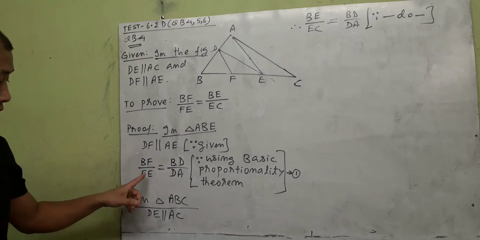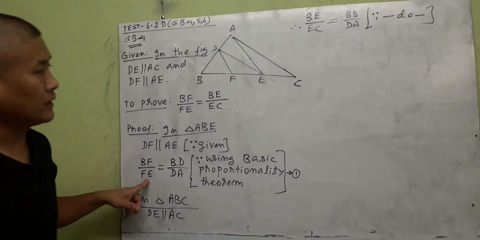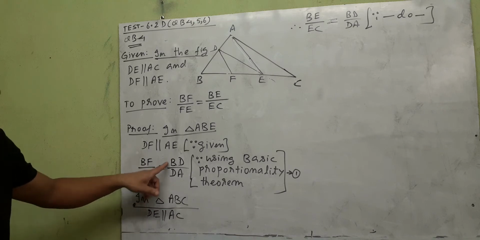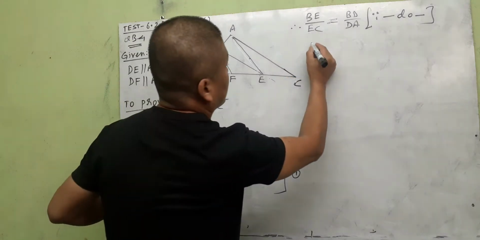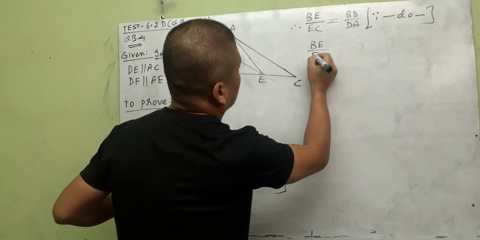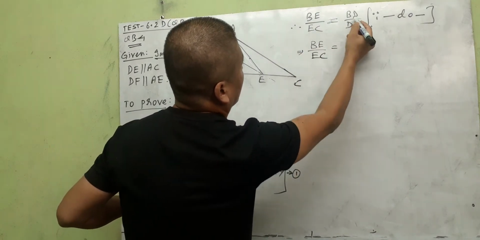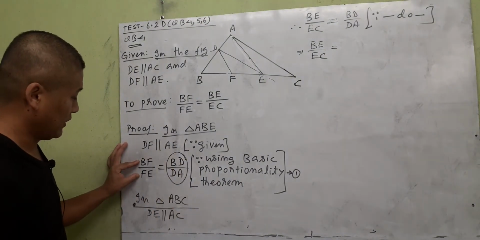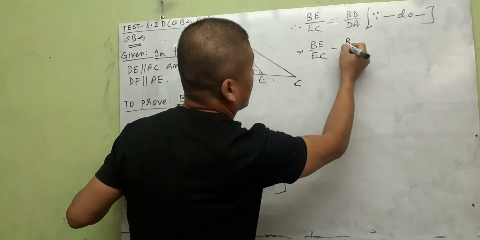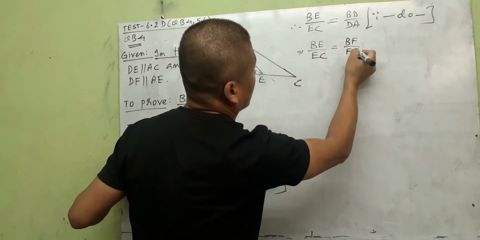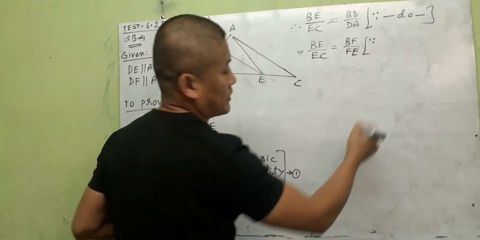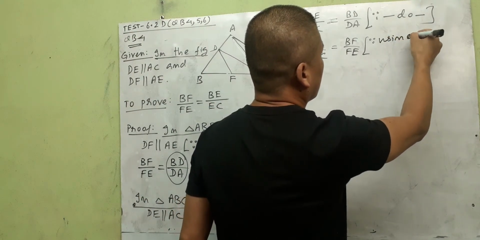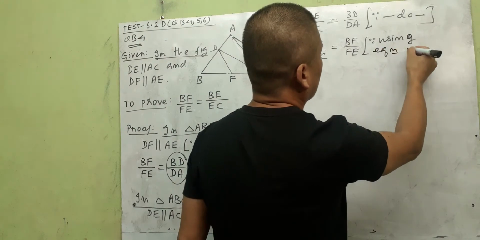Now look at this. BF by FE and BD by DA are the same. So we can write BE by EC as it is, and BD by DA, which is the same as in equation 1, can be replaced by BF by FE, using equation number 1.